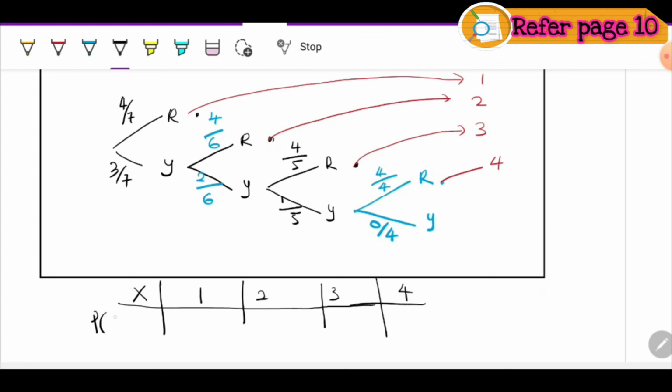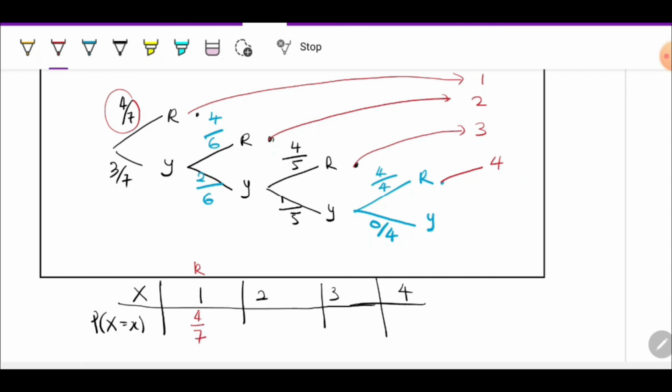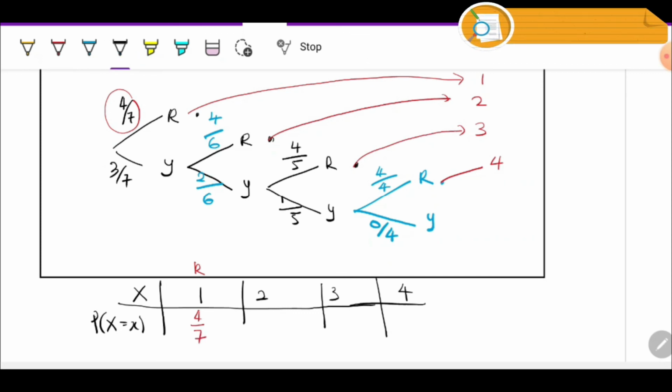The second row is for the probability. 1 means the total number of towels is 1, which is red, so the probability is 4 out of 7. 2 means the number of towels is 2, which is yellow and red. To get the probability, just multiply along the branch: 3 over 7 times 4 over 6, then we get 2 over 7.